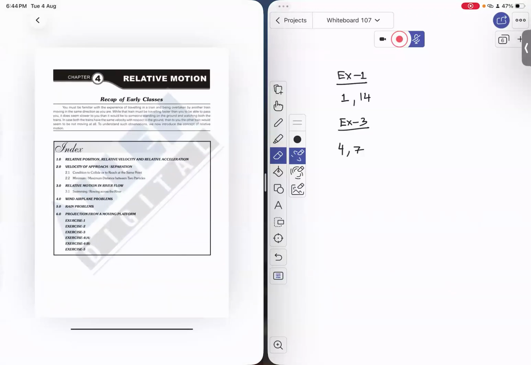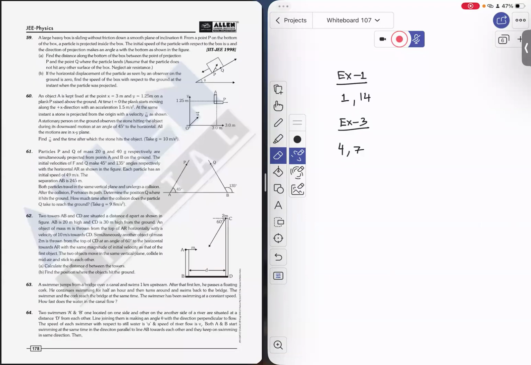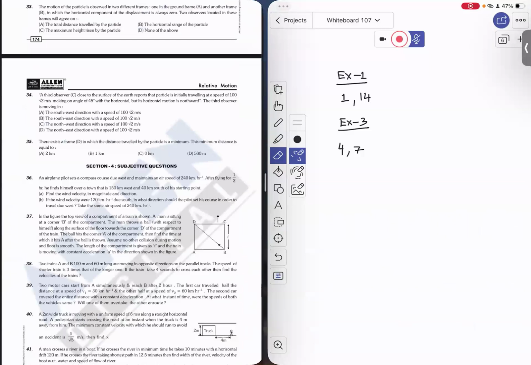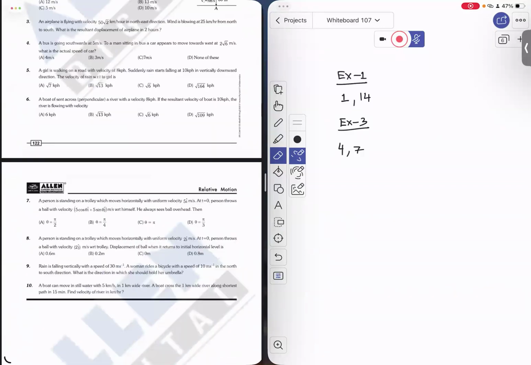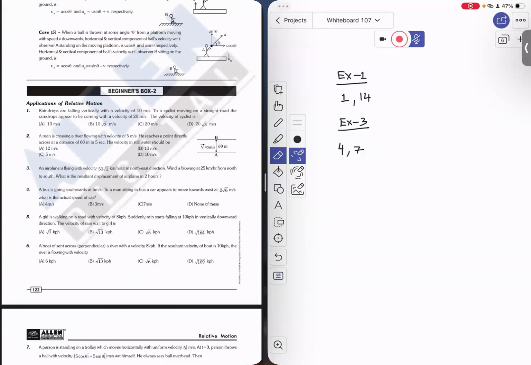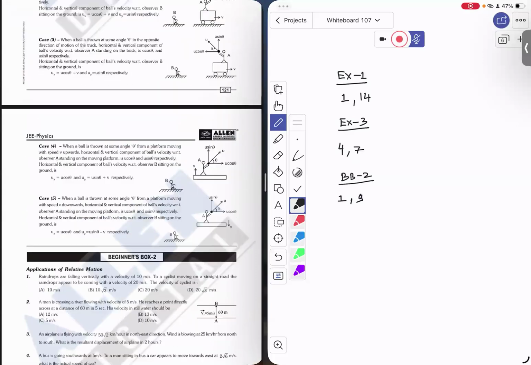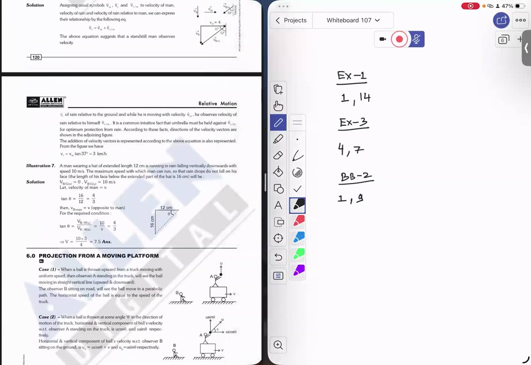This is like old module. Beginner box 2. Question number 1. Question number 9. So not so many questions are there of Rainman. So this much only.